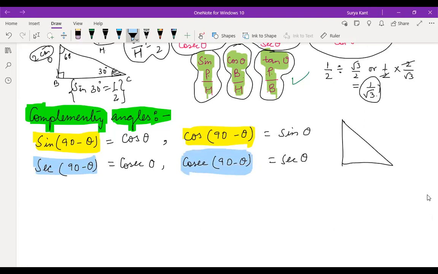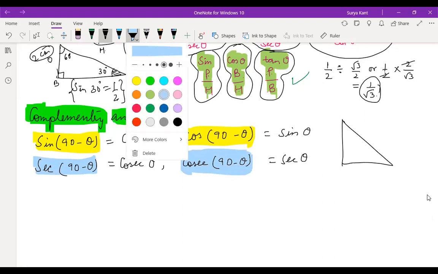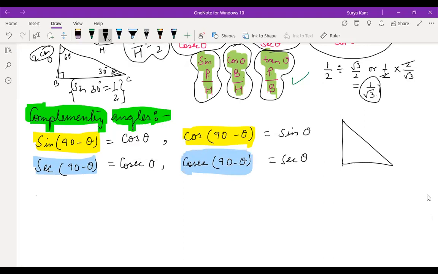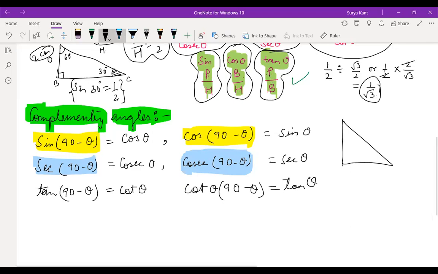Is it clear, children, till here? But the last one is tan and cot. Tan theta is both reciprocal as well as complement; both are the same for tan. So the complement of tan is cot and the complement of cot is tan, and the reciprocal is also the same.